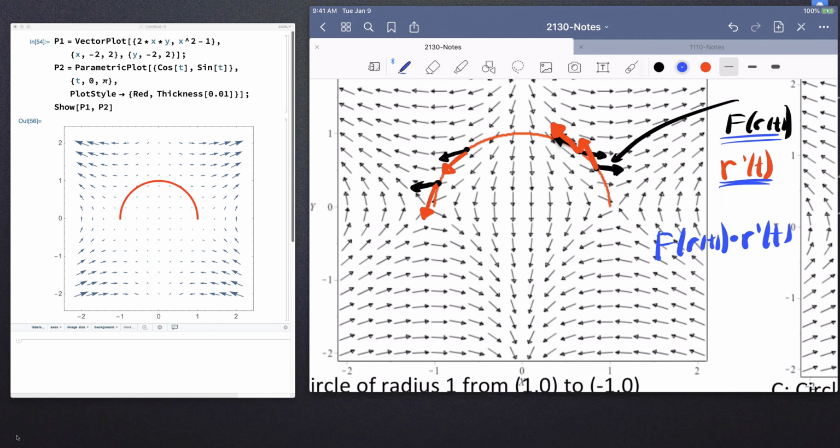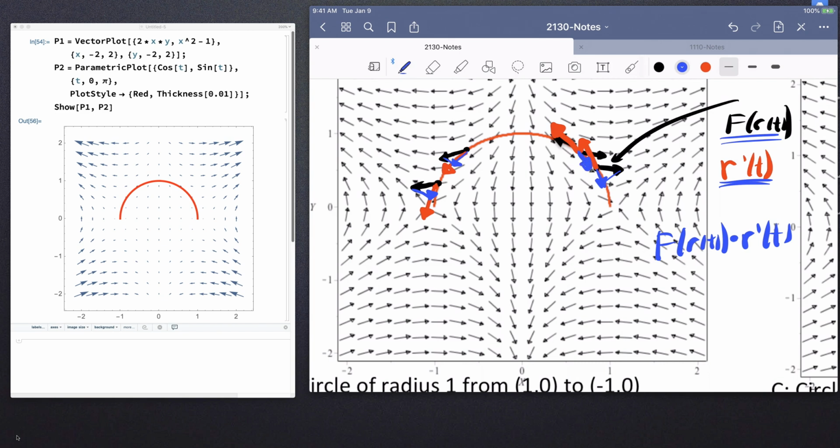Essentially we're going to look at the component of the force that points in the direction of the curve itself, the amount of the force that points in the direction of the curve. Here in pink we're doing these projections, and those are the blue arrows.